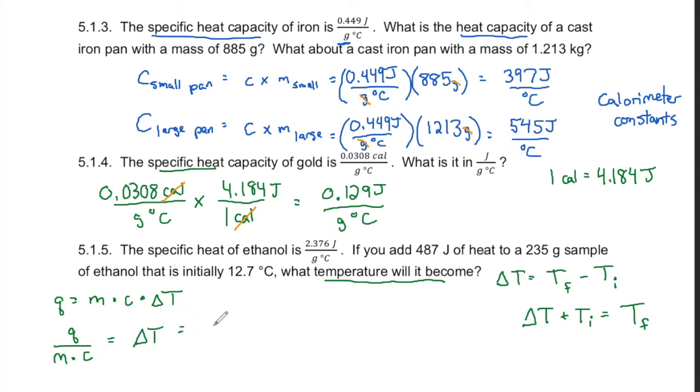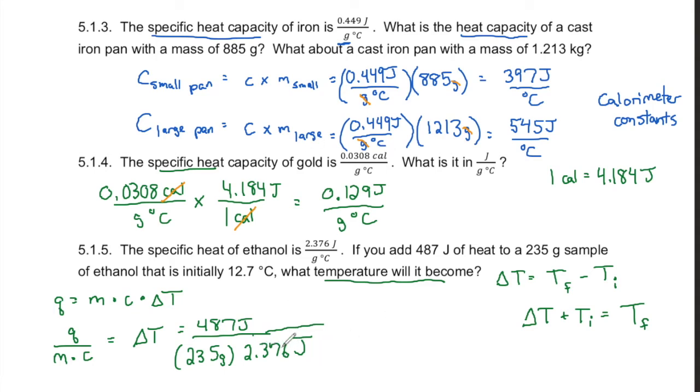So let's plug in those numbers. Our heat is 487 joules, our mass is 235 grams, and our specific heat is 2.376 joules per gram degrees Celsius. Instead of having a slash in the denominator over here, I'm going to use the slash that is already here.